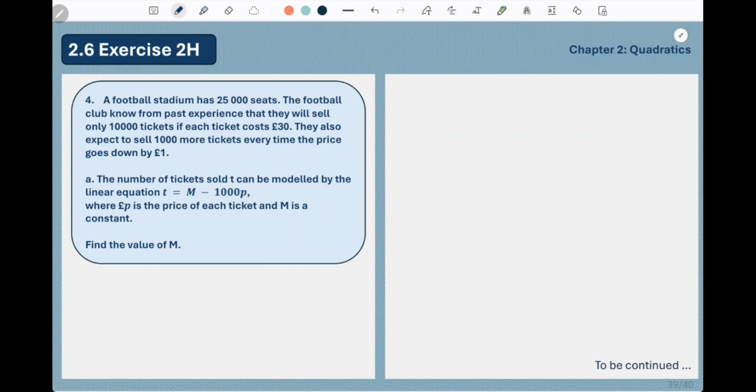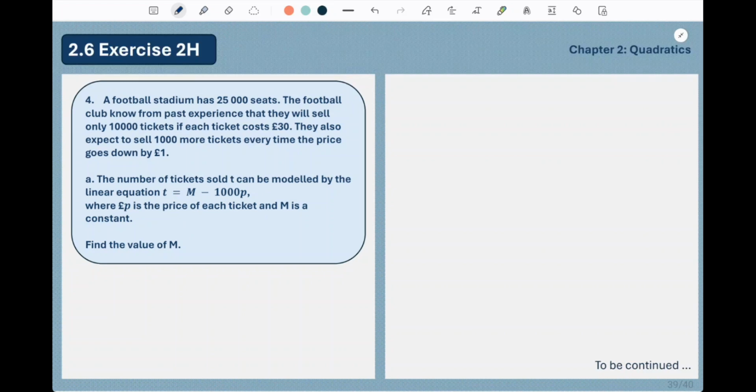In this context, in question A, the number of tickets sold, T, and the price of the tickets, p, can be modeled by the linear equation T = m minus 1,000p, where p is the price of each ticket, m is a constant, and we have to find the value of m.